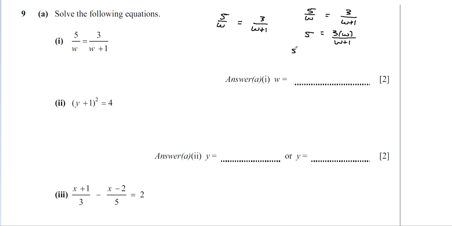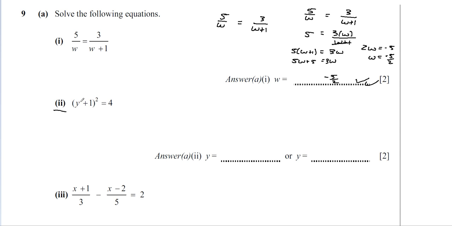So 5 times w plus 1 is going to equal 3w, since this side multiplied by w plus 1 just cancels. Multiply this bracket out, we get 5w plus 5 is equal to 3w, and that leaves us with 2w is equal to negative 5, so w is equal to negative 5 over 2. And that will give you 2 marks. So that's the first question.